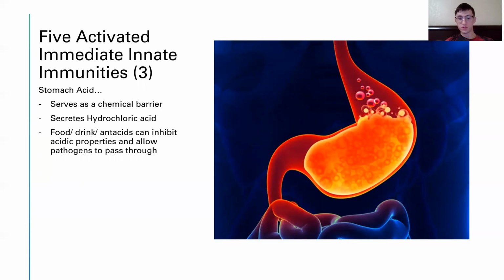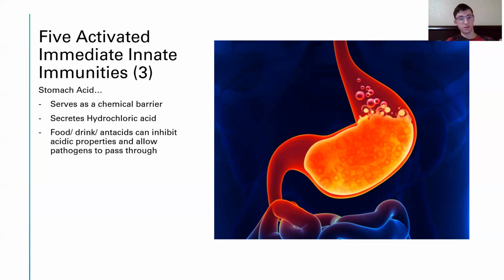However, the neutralization of gastric acids by antacids or the inhibition of acid secretion by various drugs, or even, for example, if you eat a certain amount of food or drink a certain amount of water, what can actually happen is the stomach becomes less acidic and you have pathogens surviving through the stomach.